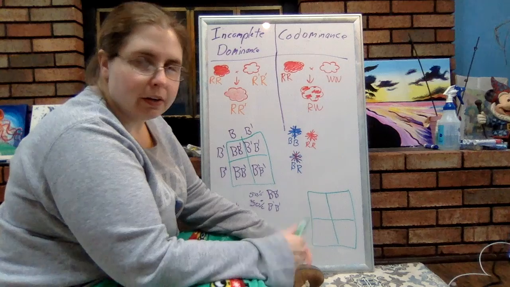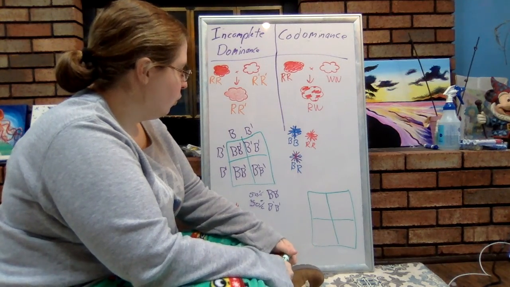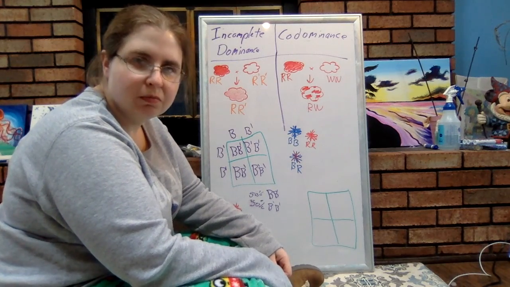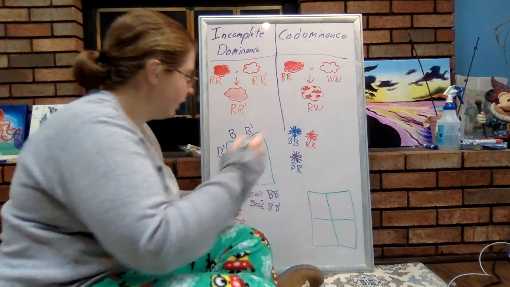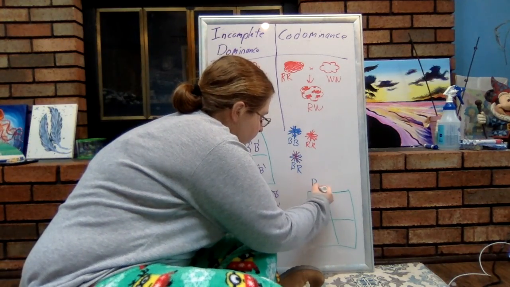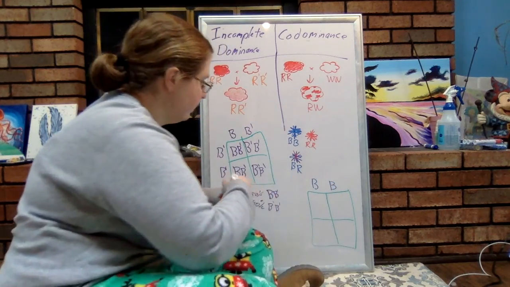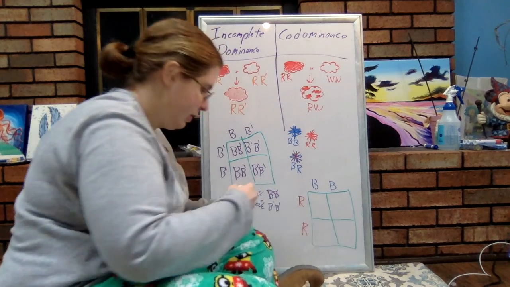Let's show the original cross, the one like that, except with the aliens. So we're going to end up with a blue parent and a red parent.